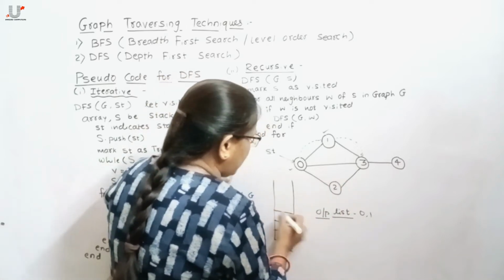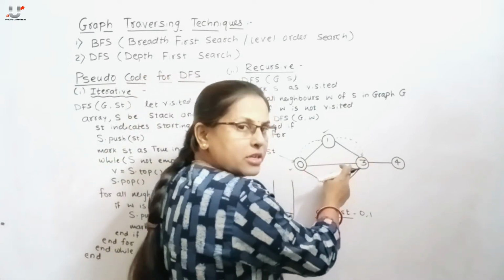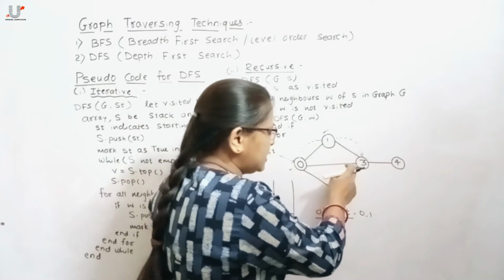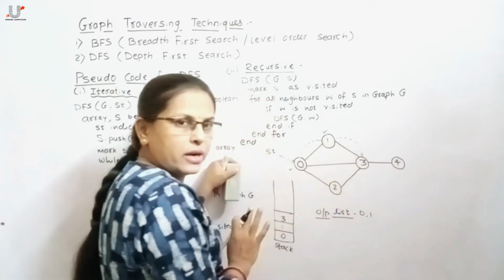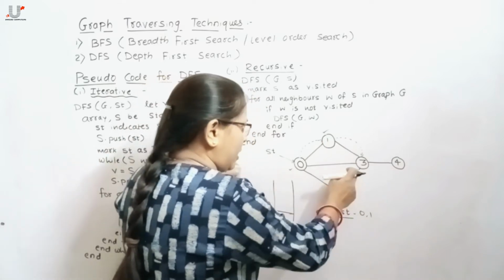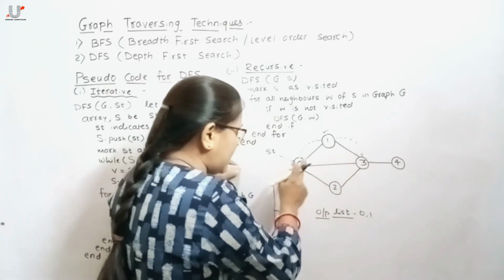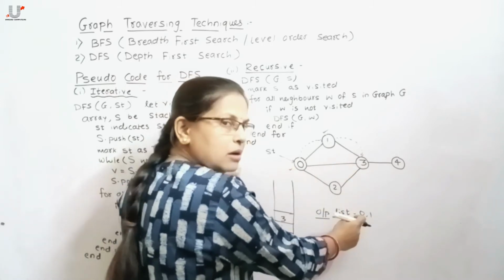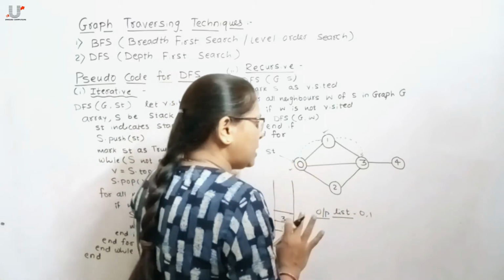You first mark that 1 as processed and add it into the output list, and then its adjacent vertex, that means 3, gets added into the stack. After adding that 3, now try to add all the adjacent nodes of this 3. The adjacent node of 3 is 1, but as it is already present in the output list, leave it. The next adjacent of this 3 is 0, which is present in the output list and has already been pushed into the stack, so leave that 0.